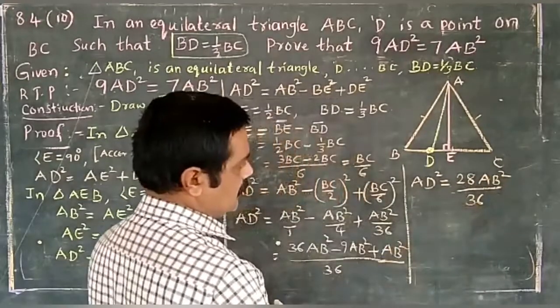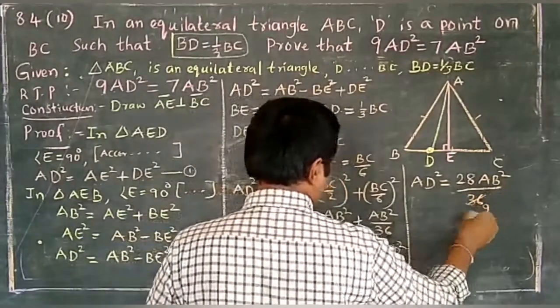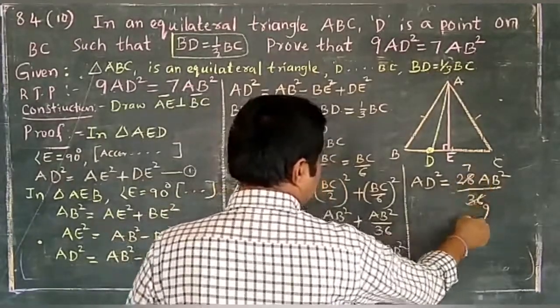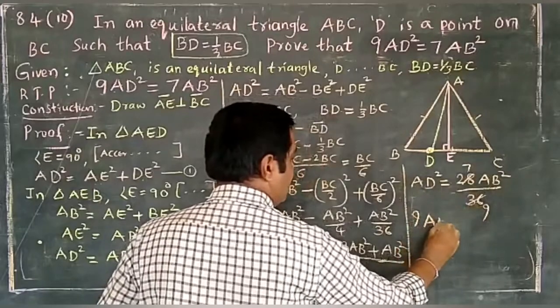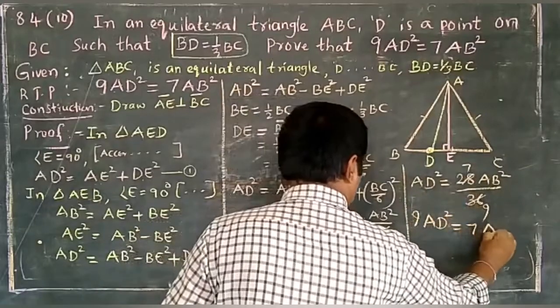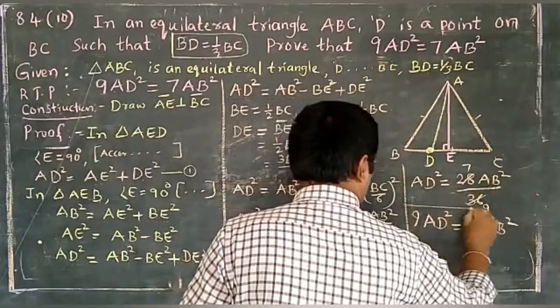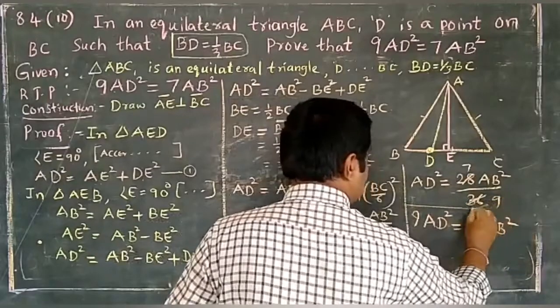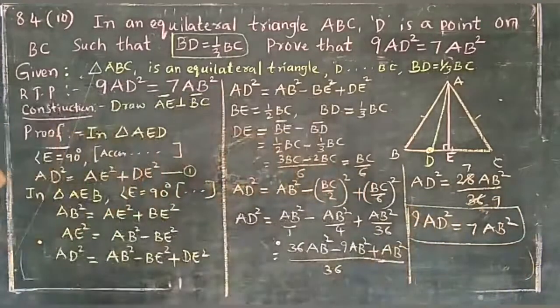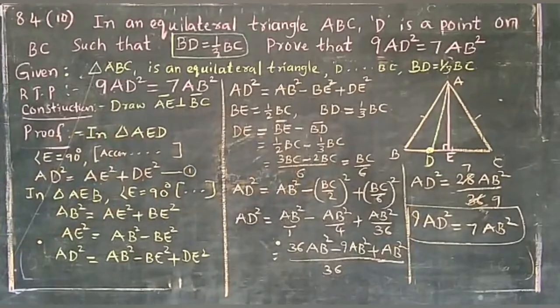Cancel: 4 nines are 36, 4 sevens are 28. So 9AD square is equal to 7AB square. Is it clear now? Check once. Okay, note it.